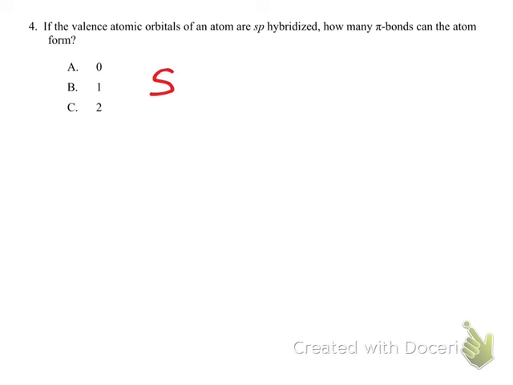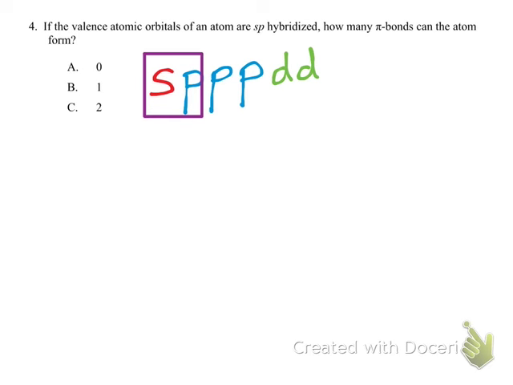So, S, P, P, P, and just for kicks, D, D, SPBBD. If an atom is sp hybridized, that means it's using one of its s orbitals and one of its p orbitals. That leaves how many p orbitals available for pi bonds? That's right, not 1, but 2. Each of these unhybridized p orbitals can participate in a pi bond.